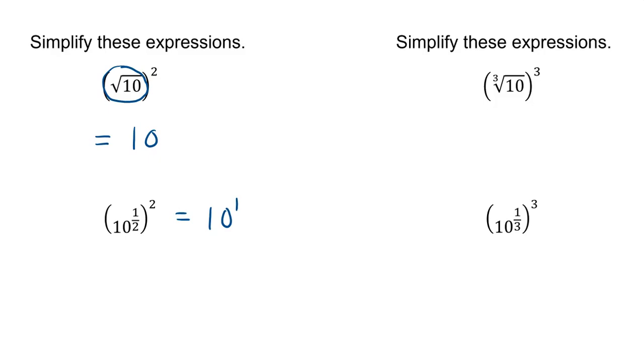So 10 to the 1/2 squared is the same thing as 10 raised to the 1/2 times 2 power, and 1/2 times 2 is 1. So this is the same thing as 10 to the first, which is 10.